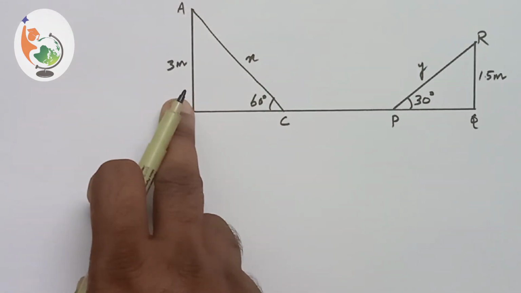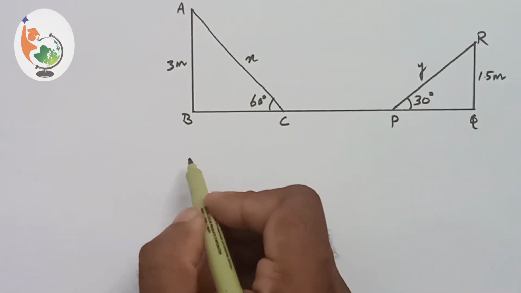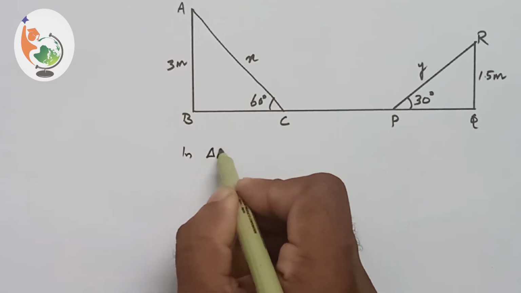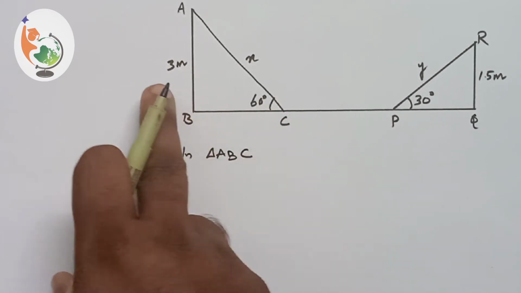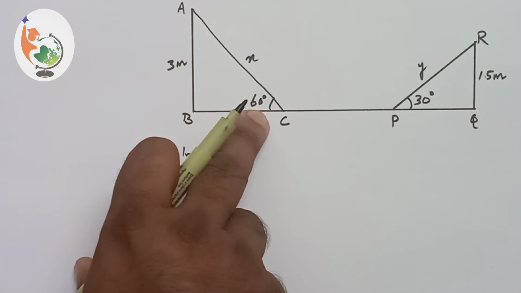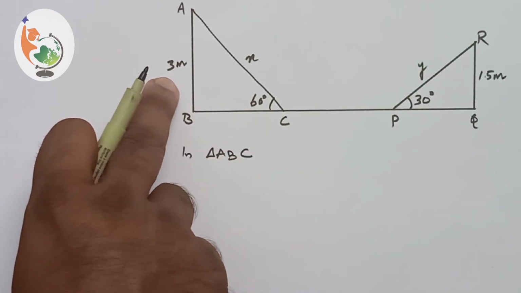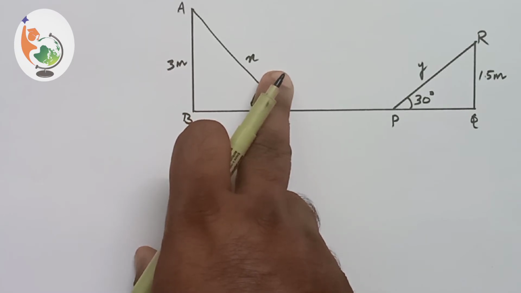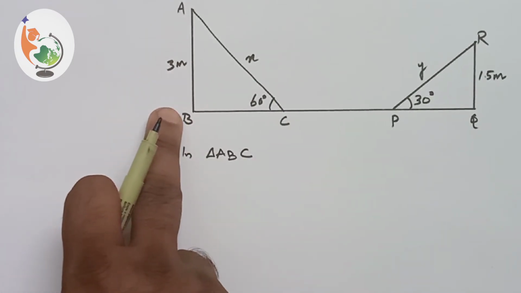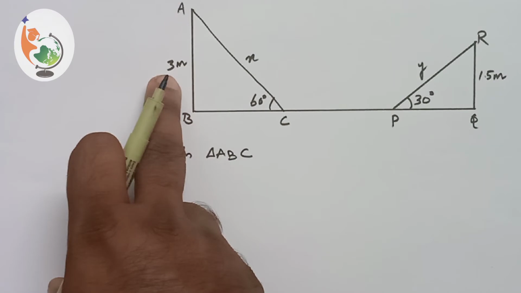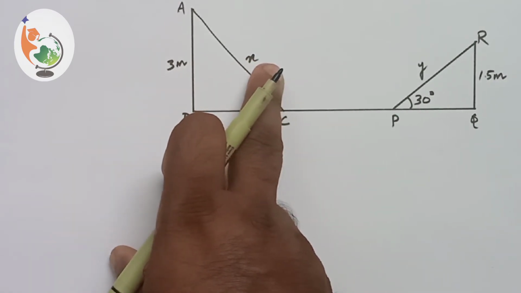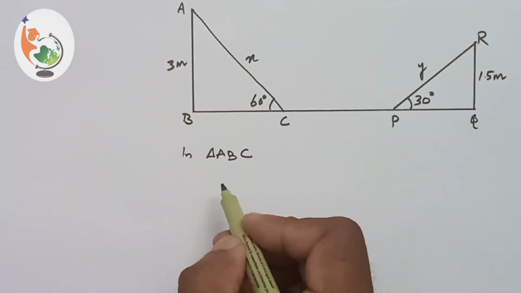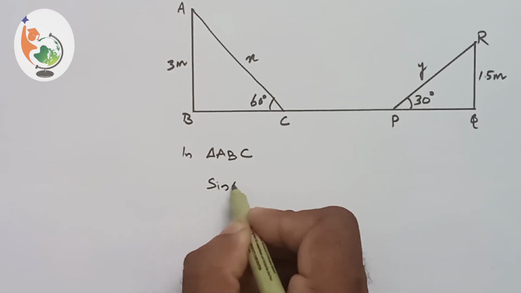When we take triangle ABC, in triangle ABC, angle 60 degree is given, the length of the opposite side is given. We have to find the length of the hypotenuse. That means the relation between the opposite side and hypotenuse, that we know, that is sine 60.